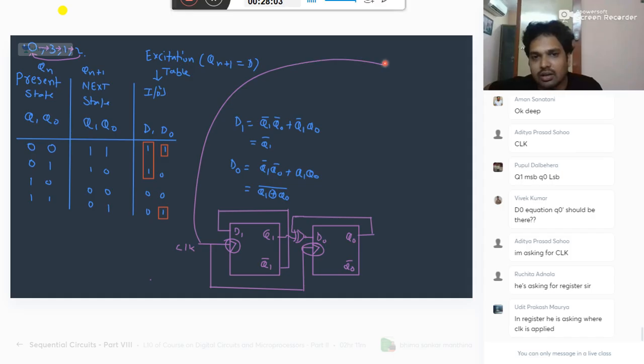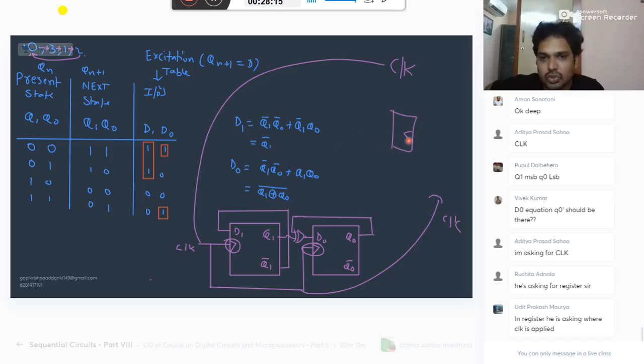What is the difference? In right shift and left shift registers, we show it like this to represent whether it is going this side or this side. This may be shown like that, but you are giving to the clock input, which is common. That's all.